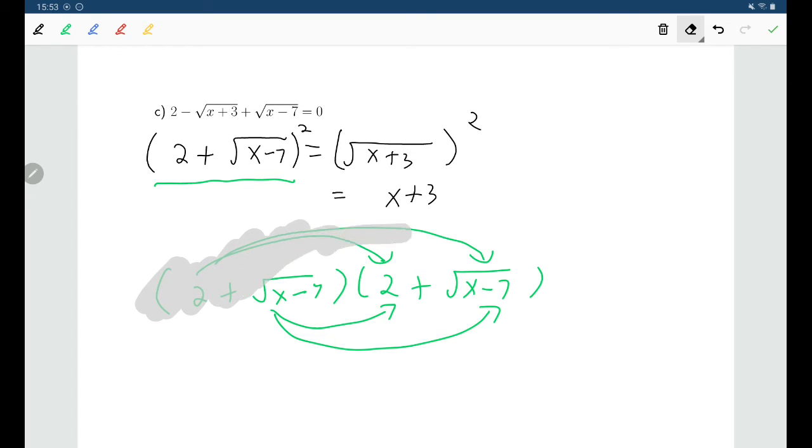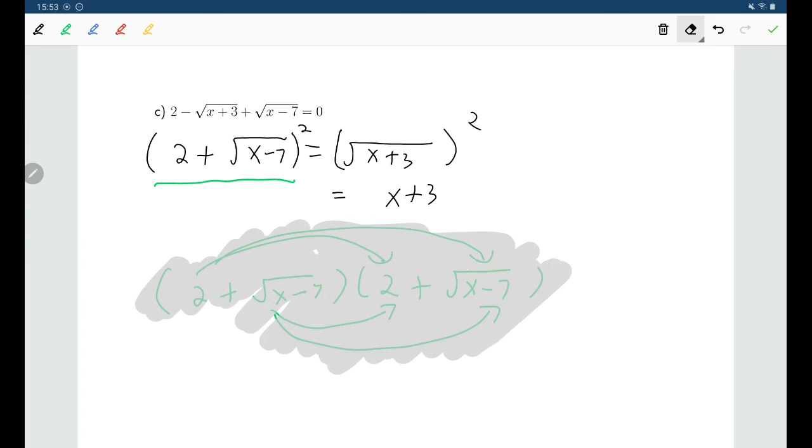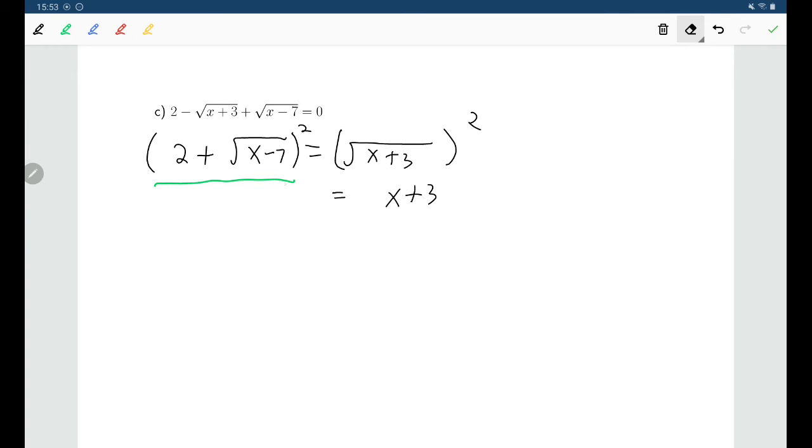So when I simplify what's on the left side after I square both sides, I'll have 4 plus 4 times root of x minus 7 plus x minus 7.